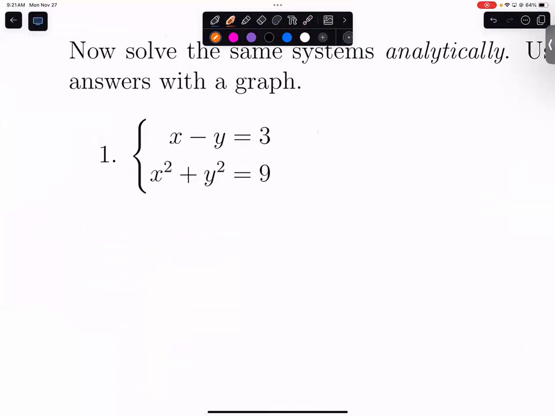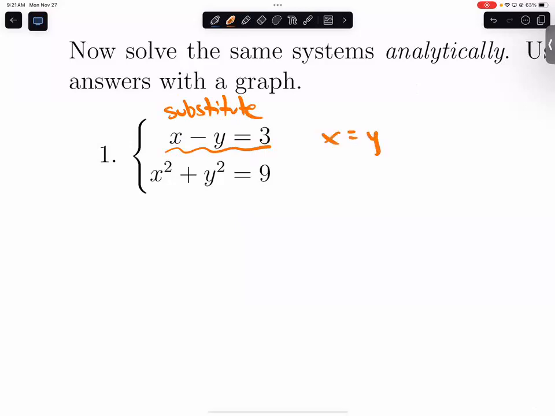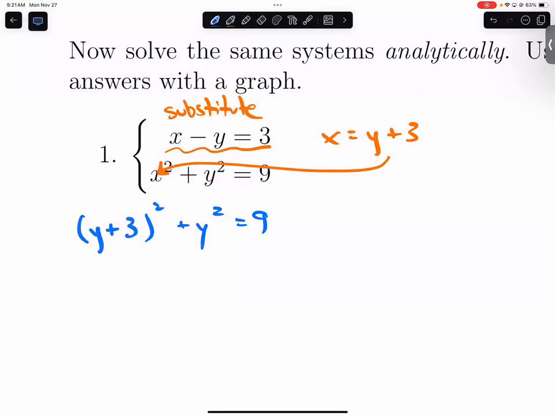So I wish I hadn't erased all that stuff that Sailor said a minute ago, but let's substitute. I'm going to write X is Y plus 3 and then plug that in here. So in place of X, Y plus 3.